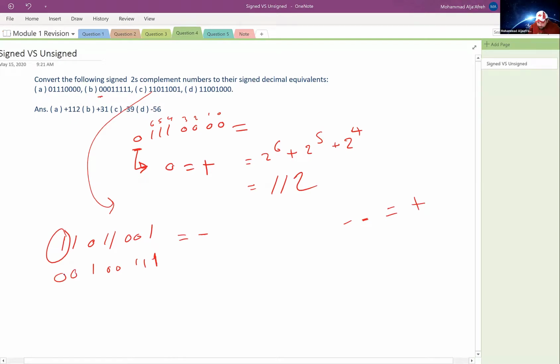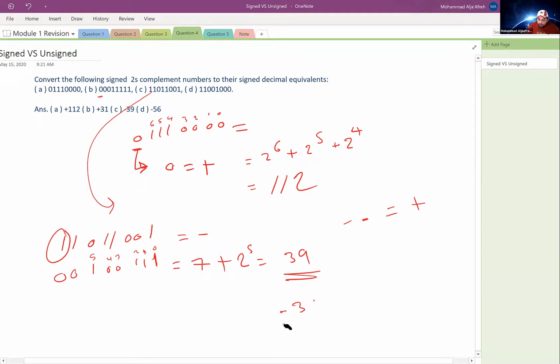So we have 7 plus 32, because 2 to the power 5 is equal to 32, that is equal to 39. So the magnitude of this number is 39, and we know for sure it's negative.